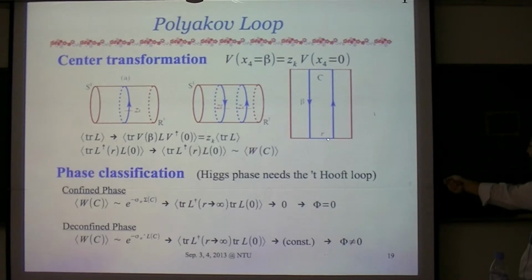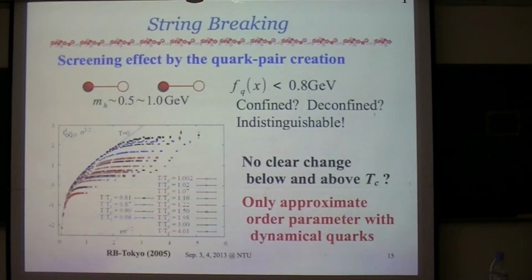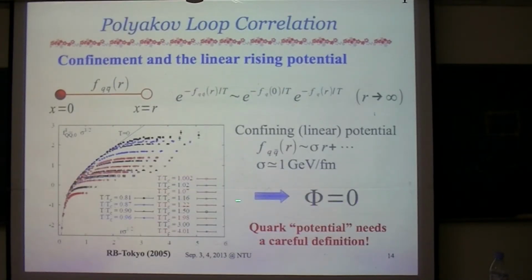So the Polyakov loop expectation value, which is one part of this correlation function, must also be 0, right? That is completely consistent with this intuitive explanation, right?